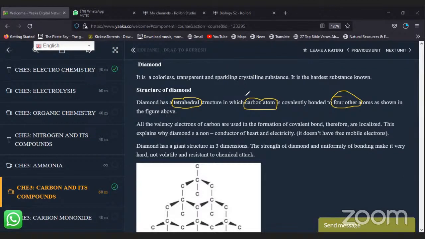Now, the next question will be for Hope to answer. So Hope, if we don't have a free electron in diamond, can diamond transmit or conduct electricity? Can diamond conduct electricity if we don't have a mobile electron or a free electron in it?